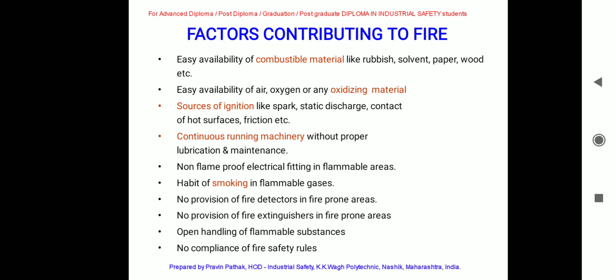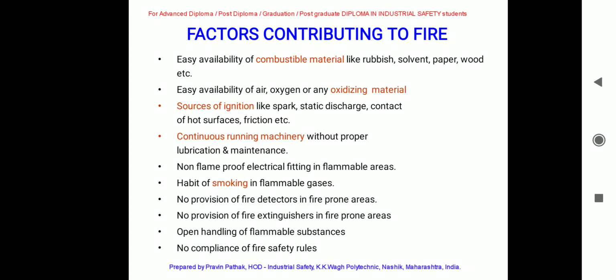In some cases an oxidizing material is also there, which is indirectly oxygen. So that is another element of the fire triangle. Then the sources of ignition, that is the third element of the fire triangle, like spark, static discharge, contact with hot surfaces, friction, etc. There are many operations in the industries which can give ignition or a spark or hotness from the substances.